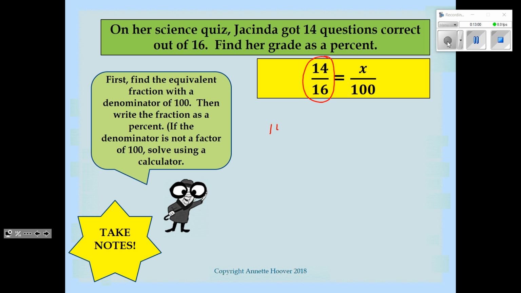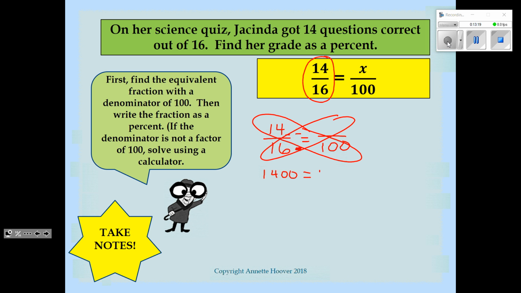Now here's an example of a problem where there is not a number that we can multiply 16 by to get 100. So we can't do it that way. We're going to have to use the proportion method. So we have 14 times 100, which means it's the number 14 add 2 zeros, which is 1400. And then we have 16x.